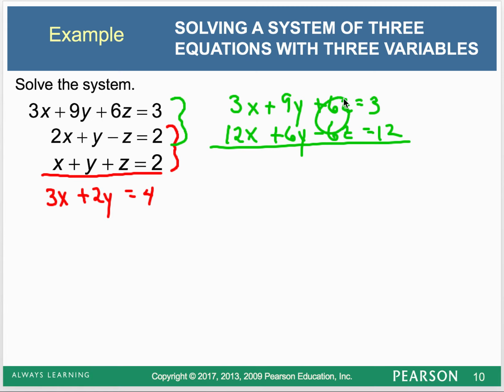When I add these together, the z's are eliminated again. So 15x plus 15y equals 15. Okay, so now at this point, I've got 2 equations, right, with the same 2 variables.